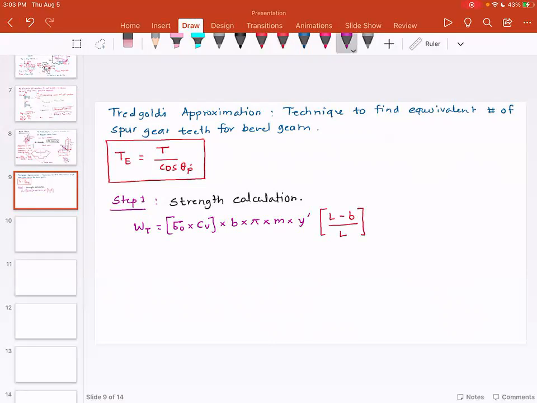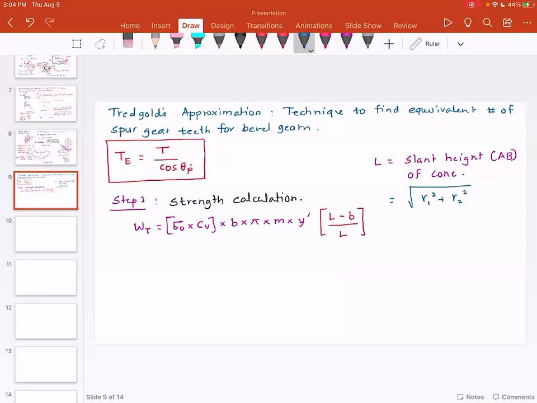And L is nothing but the slant height, or the length AB of the cone. So L is the slant height, the distance AB of the cone, which can also be found out as the square root of the radius of the first bevel gear squared plus the radius of the second bevel gear squared.